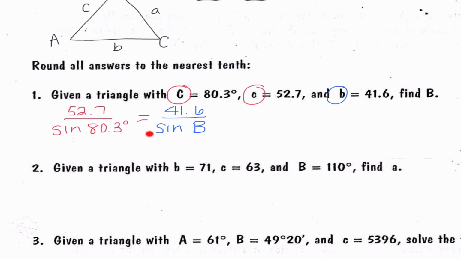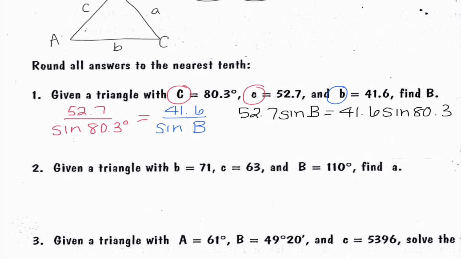We need to go ahead and isolate sine of angle B, so we're going to start by cross multiplying. So I have 52.7 times the sine of angle B equals 41.6 times the sine of 80.3. Notice that we are in degrees, so you guys will want to make sure that your calculator is in degree mode.